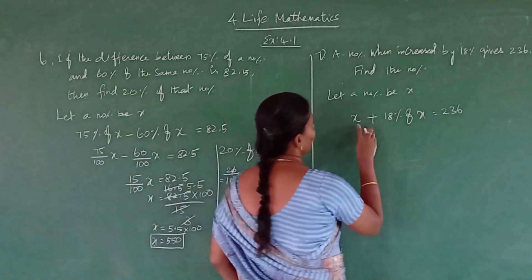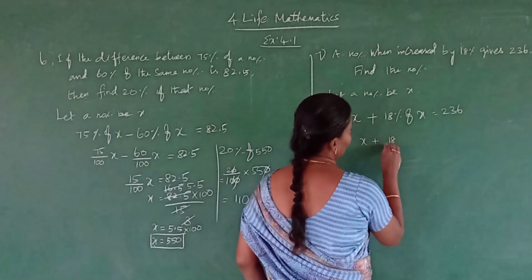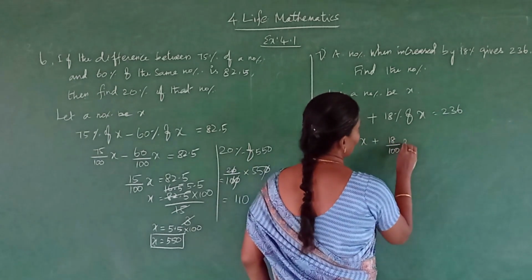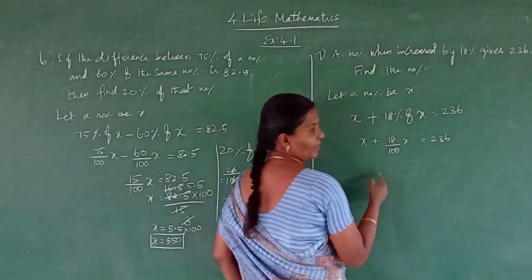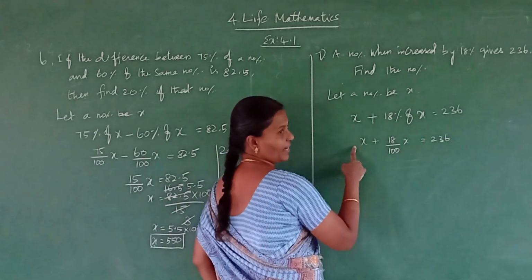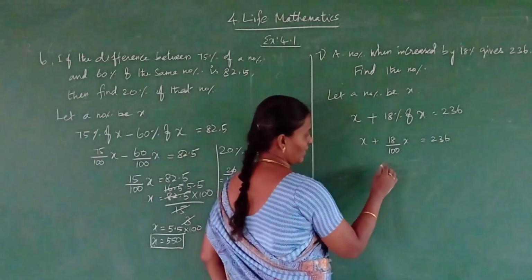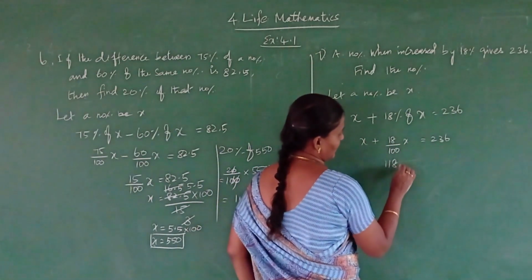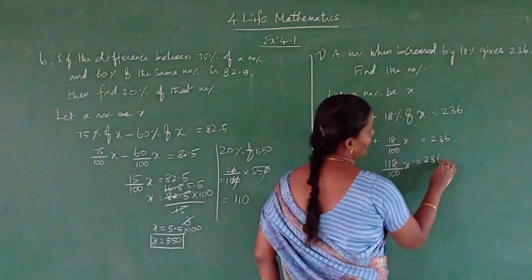Good. So now see, x plus 18 by 100 x is equal to 236. Now do the cross multiplication. Here 100x comes. So 118 by 100 x is equal to 236.